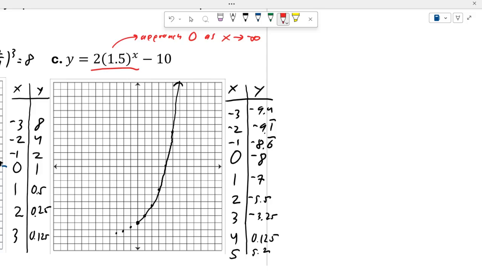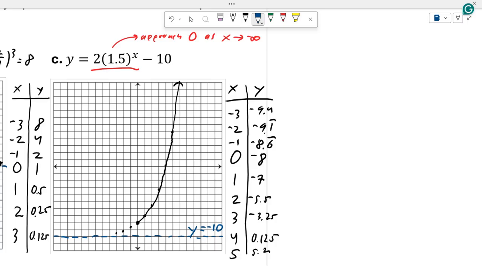And then what's going to happen is you're going to take that very, very, very small number and you're going to subtract 10 from it. So just like the first two, you never went below 0. This graph is never going to go below negative 10, which is right here. So my horizontal asymptote here is located at y equals negative 10, because the first part will never go below 0, and when you subtract 10 from that, it'll never go below negative 10.